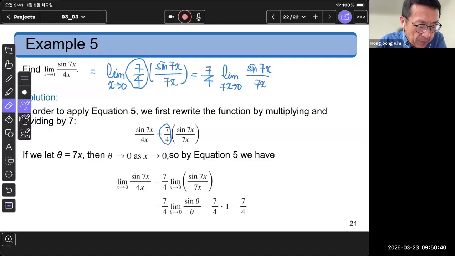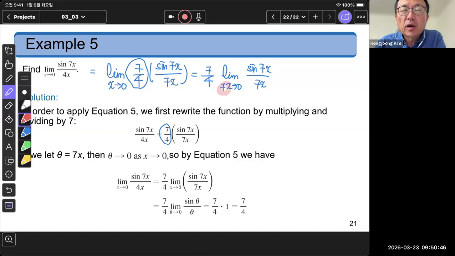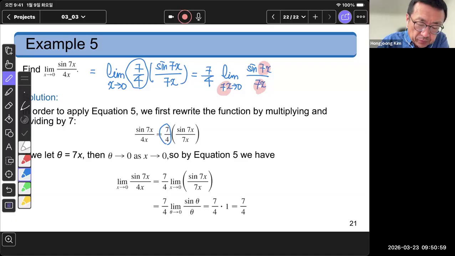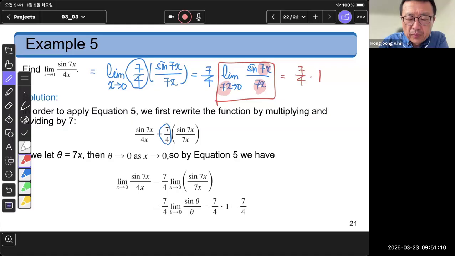So as 7x goes to 0, I'm looking for the limit of sine 7x over 7x. And the formula says the limit is 1. So this limit will be 1, and that 1 is multiplied by 7/4. So 7/4 will be the final limit.